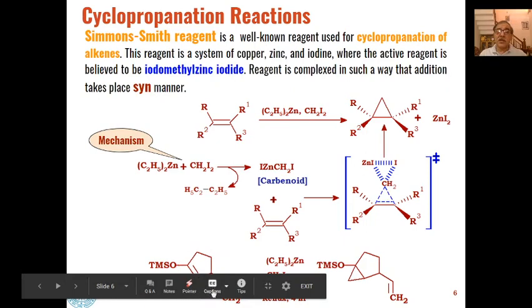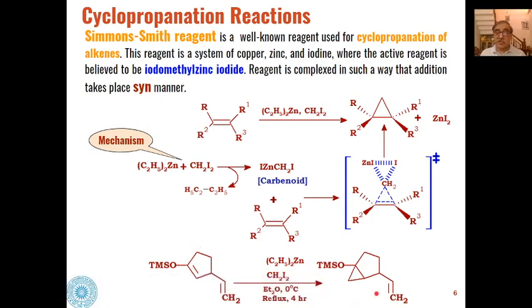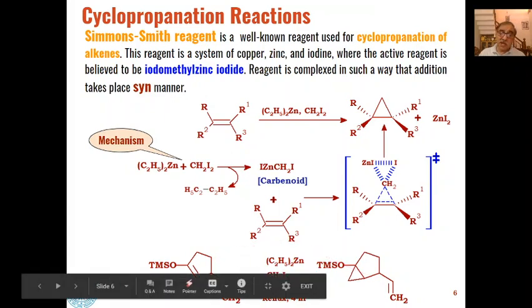Again, this is one more example of the Simmons-Smith reagent. Here you can see that there are two carbon-carbon double bonds, and the Simmons-Smith reagent adds selectively on this carbon-carbon double bond and not on this one.